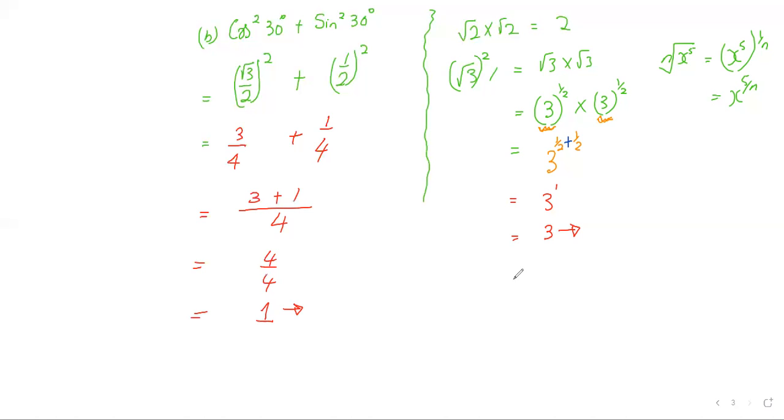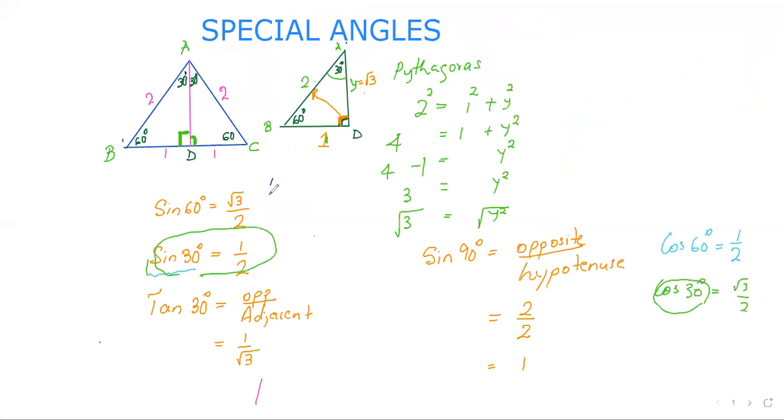Now we will take this further in the next class, where we shall look into application of the special angles. Now, on our two diagrams here, we have 30, we have 60, we have 90.